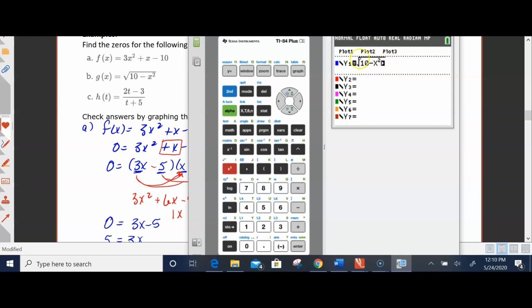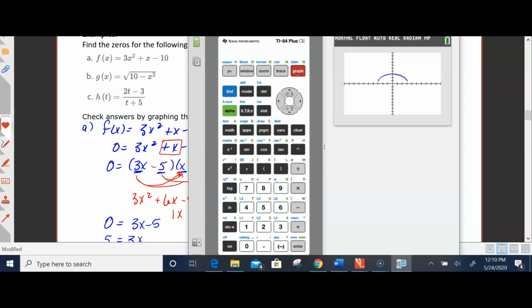So it would be the square root, parenthesis, 10 minus x squared, and close that parenthesis. Let's go ahead and graph it. So you notice it's kind of this semicircular figure. The x-intercepts would occur here and here, and they actually are at square root of 10 and negative square root of 10, those values we found earlier.